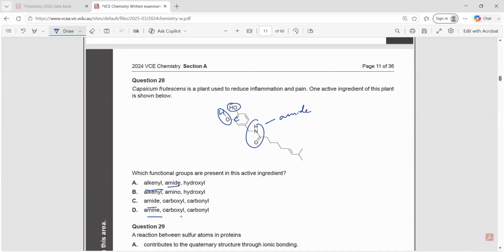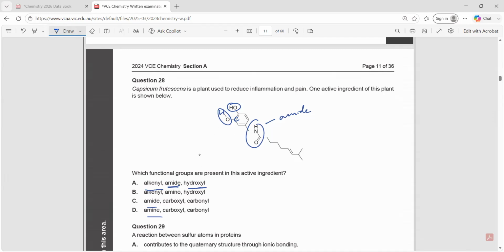I don't think we have a carboxyl. Do we have an amino? It really depends. Right now I'm leaning towards amide, hydroxide, and obviously we've got our alkenols.